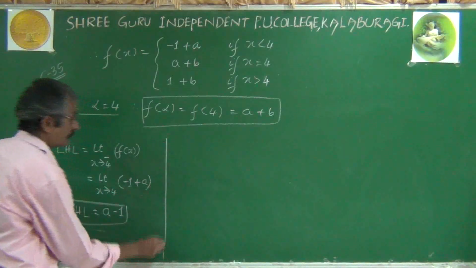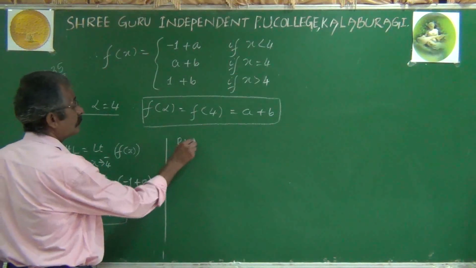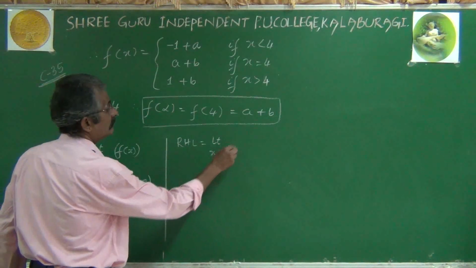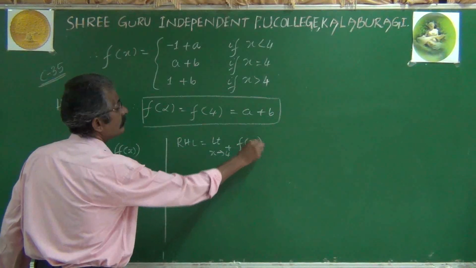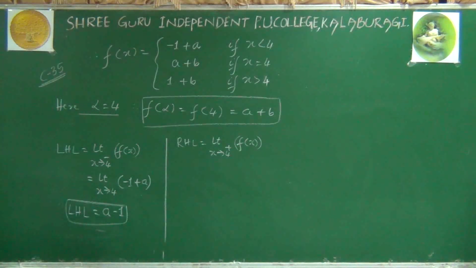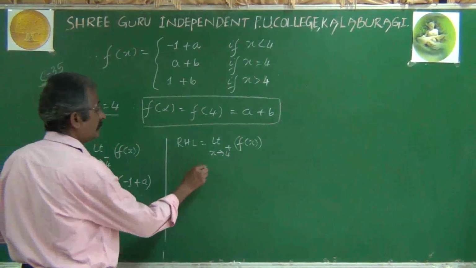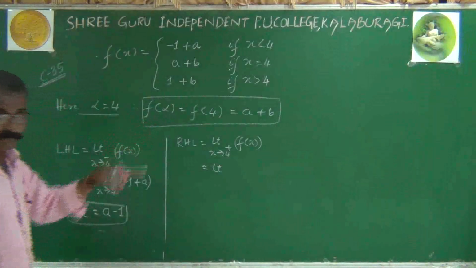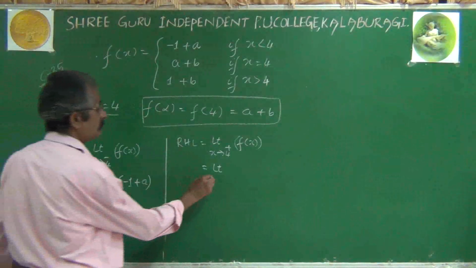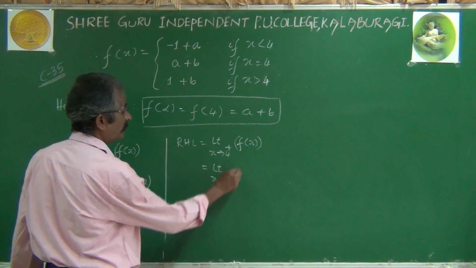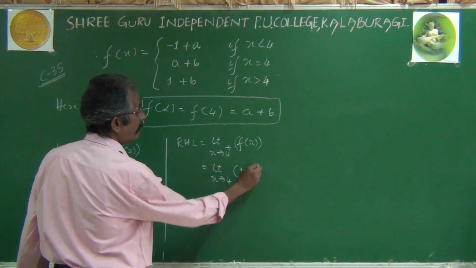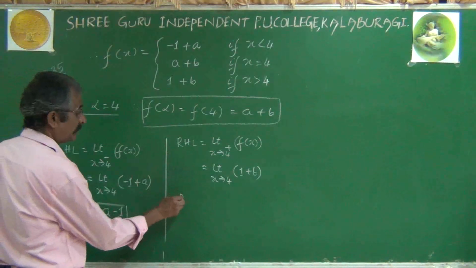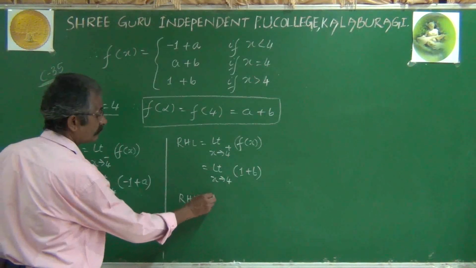Next, right hand limit. Right hand limit equal to limit x extending to 4 plus of f of x. That is, 4 plus means more than 4. Where x is more than 4, function value is 1 plus b. Limit of constant is constant, so right hand limit equals to 1 plus b.